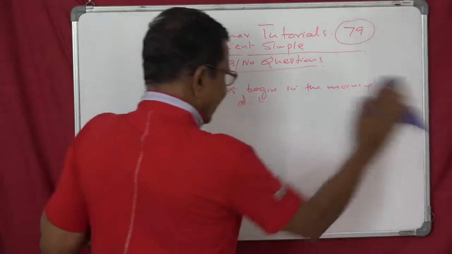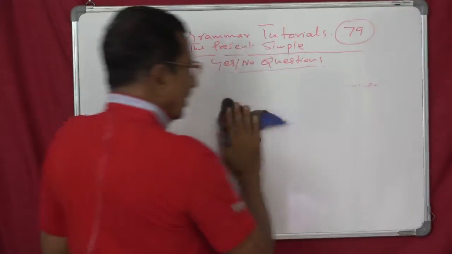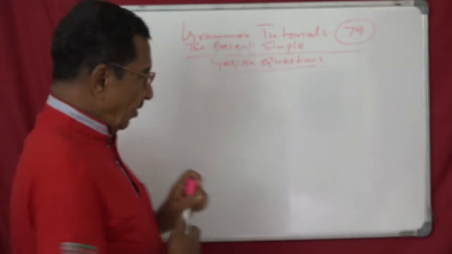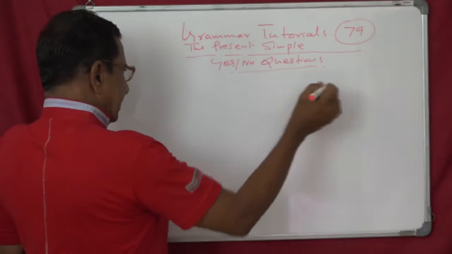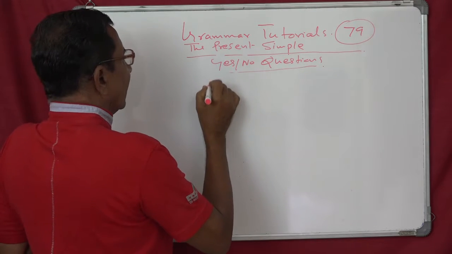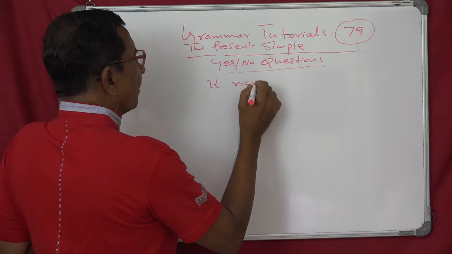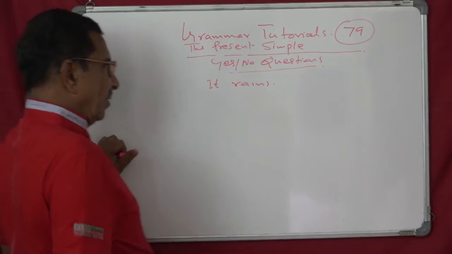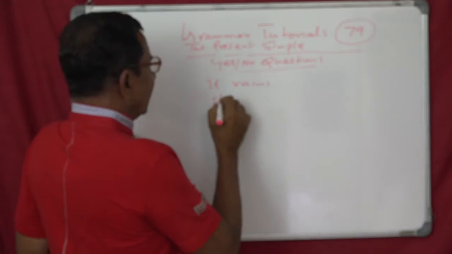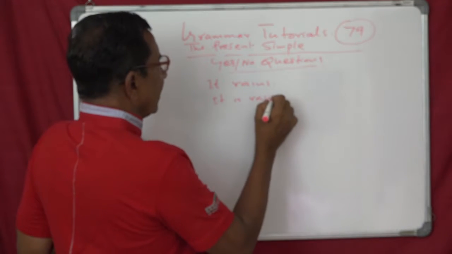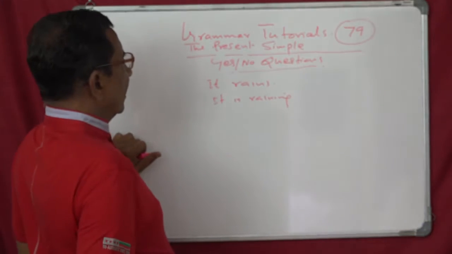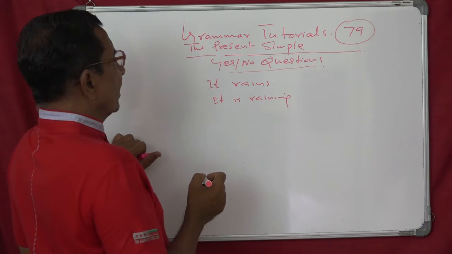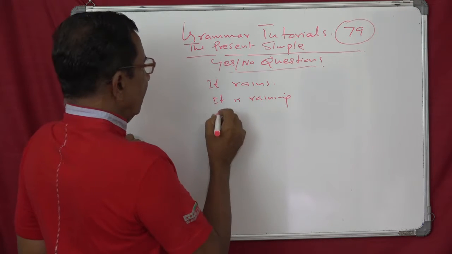Okay? Very good. So let us see what you have done so far. Let us repeat, or revise. Let's take this example. It rains. Then rewrite in the present continuous. It is raining. Then make it negative.